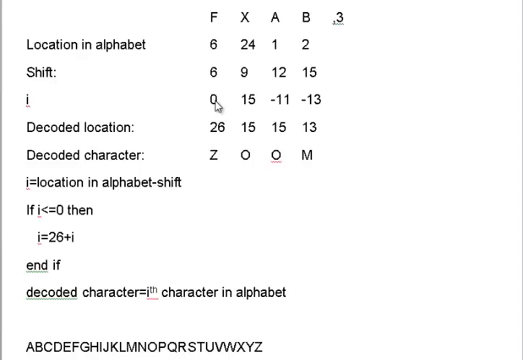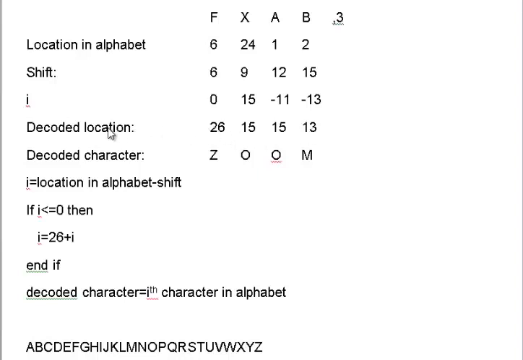So 26 plus 0 is 26. 15 is not less than or equal to 0, so 15 stays 15. Negative 11 is less than 0, so 26 is added to negative 11, I get 15, and 26 is added to negative 13 because it's a negative number, it becomes 13.